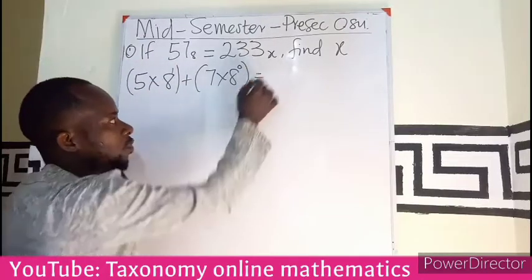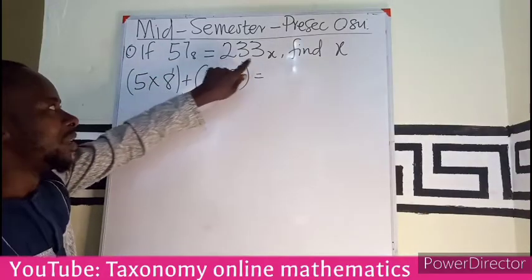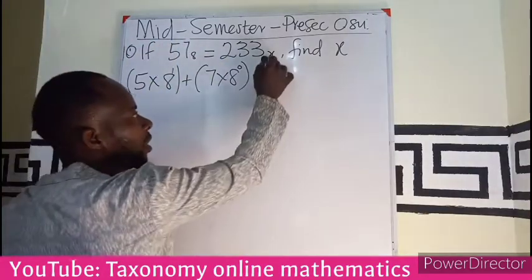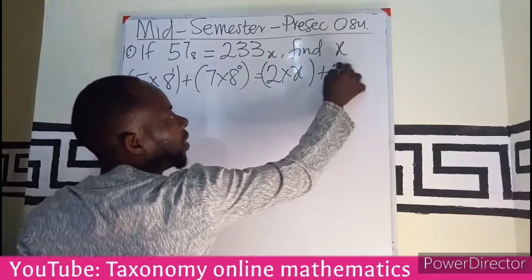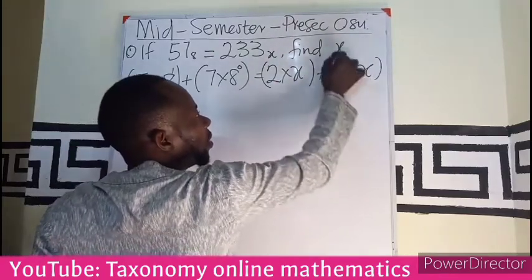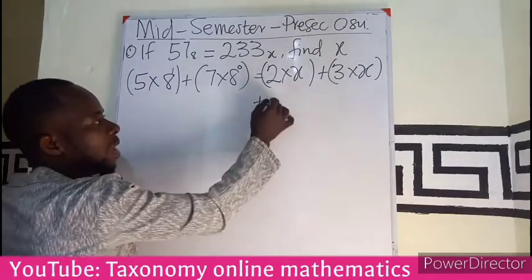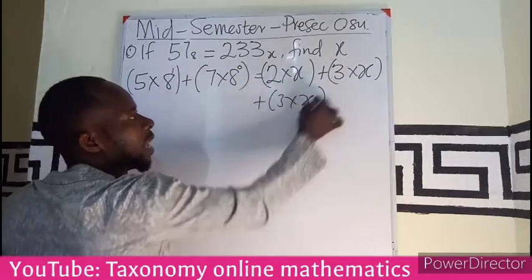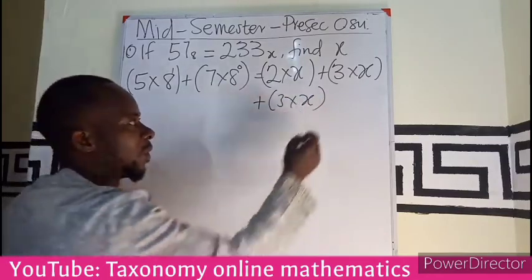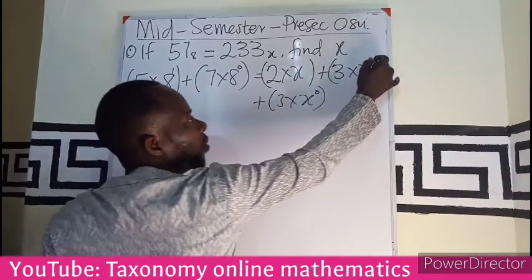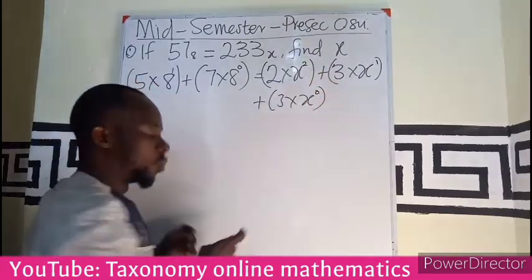Then we also have to change this to base x, and that is going to be 2 times x plus 3 times x plus 3 times x. In this case, this is going to be the 1, so I begin with 0, 1, 2.